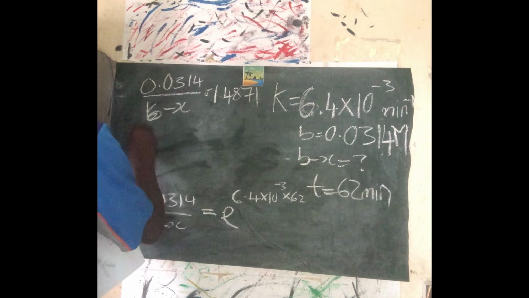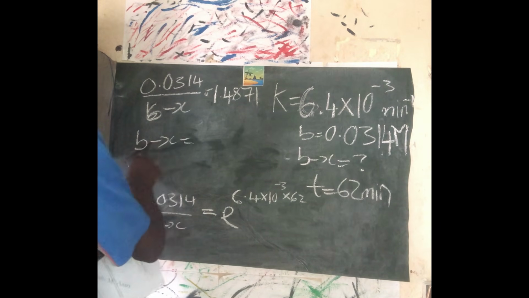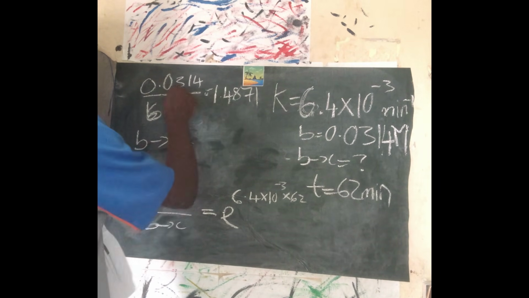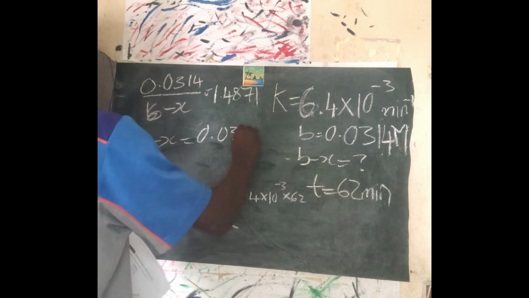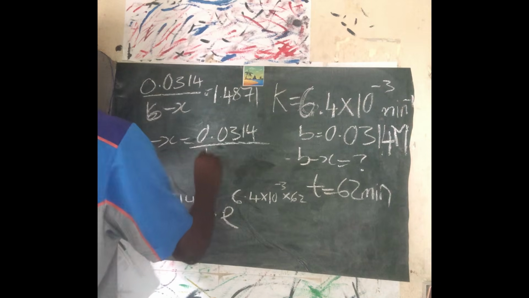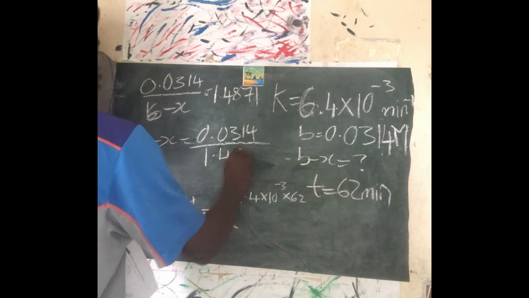Then B minus X, the final concentration, will be 0.0314 over 1.4871.